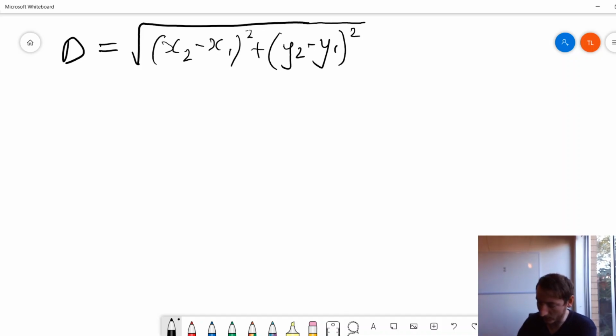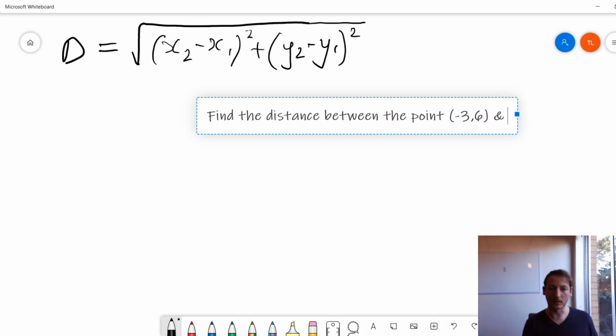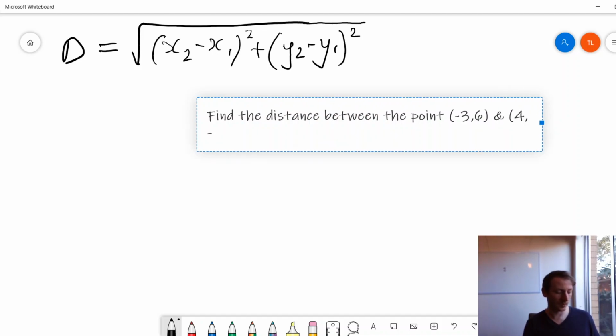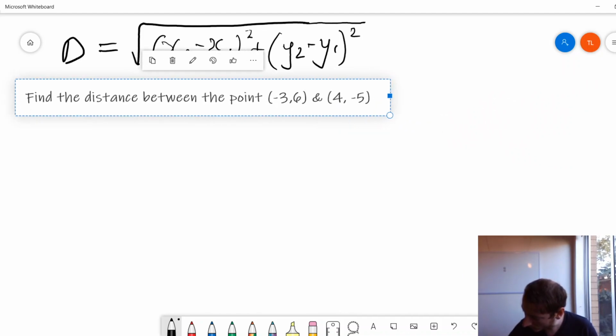So we're going to do an example using this second method. Let's say the question says: find the distance between the points (-3, 6) and (4, -5). Let me move it over here, make it all on one line. There we go.